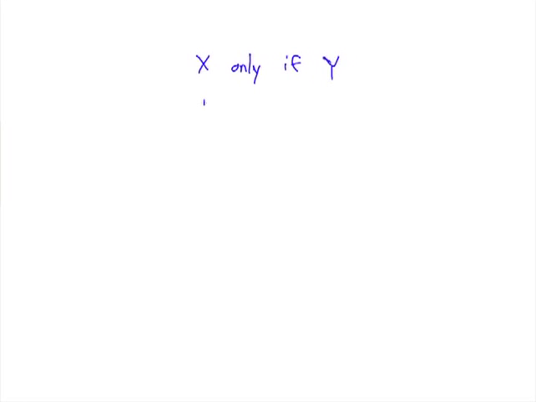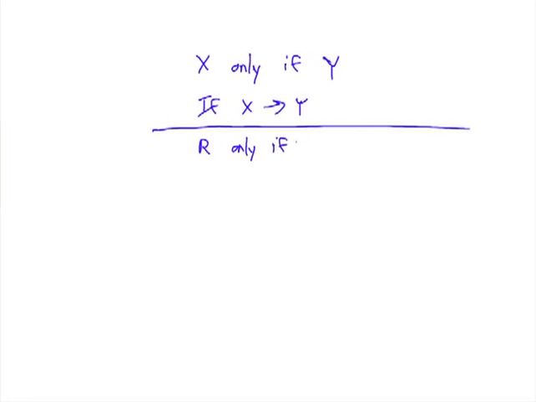That actually should be translated into if X then Y. Well, why is that? Again, instead of using our abstract formal logic like X and Y, let's talk about rabbits and animals. So I know that it's going to be a rabbit only if it's an animal. Well, that can be translated as if it's a rabbit, then it's an animal.